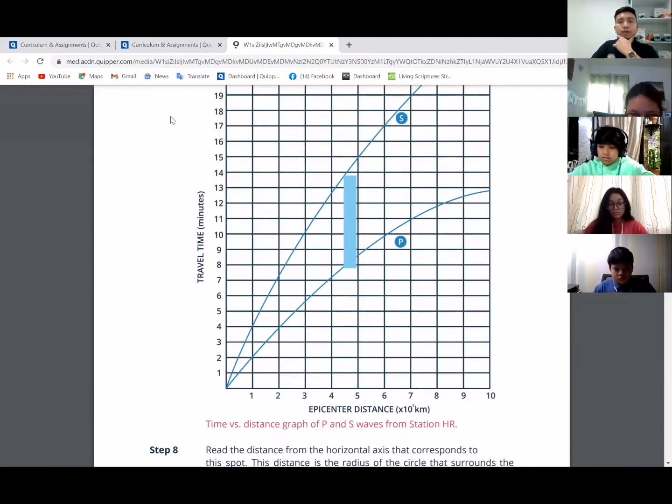Sige, mag-annotate ako para ma-imagine niyo yung sliding. So, yung ano natin, stay in here. Ay, bakit gano'n? Hindi ko na siya mag-move. Wait.